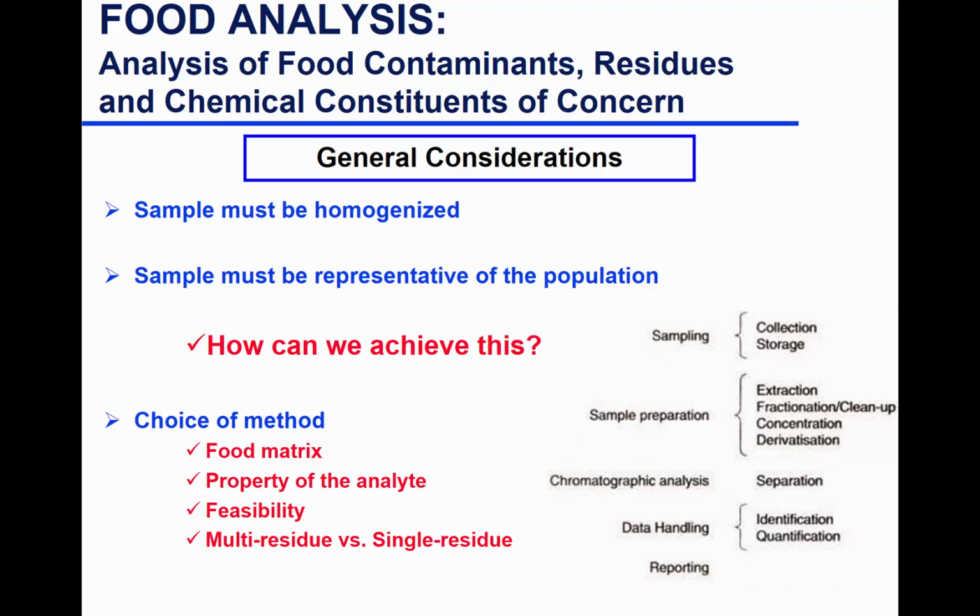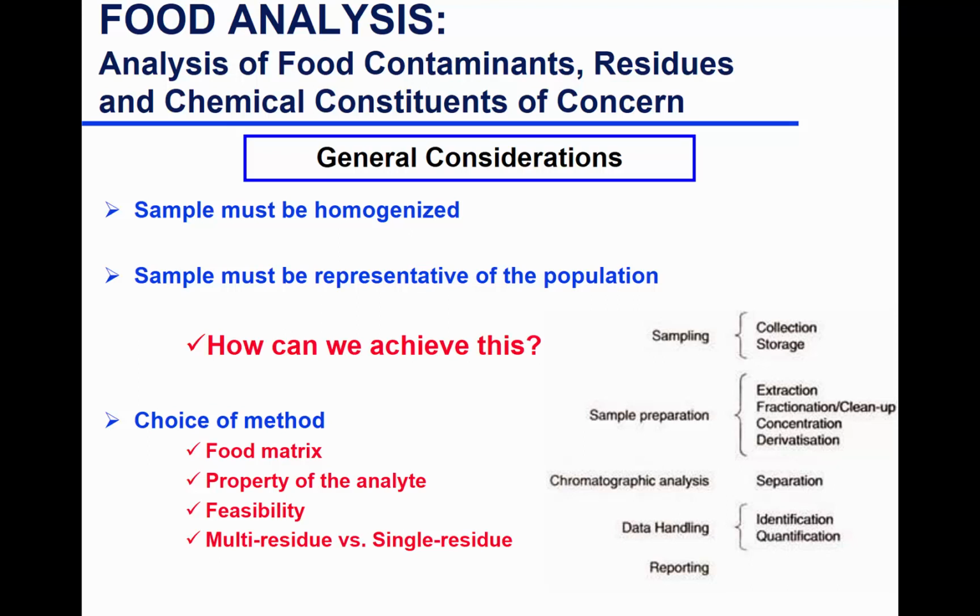Now, choice of method really depends on how complex the food sample is. Do we really need to dry the sample? Is it high moisture? Is it high fat? So what do we really need to do in preparation to extract our contaminants of concern? What are the properties of the analyte?